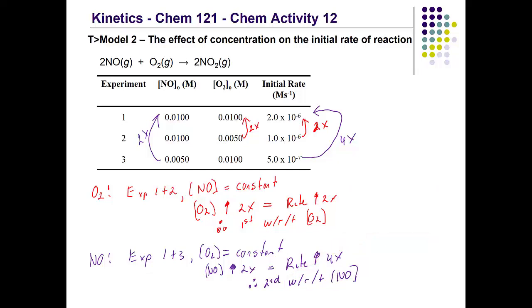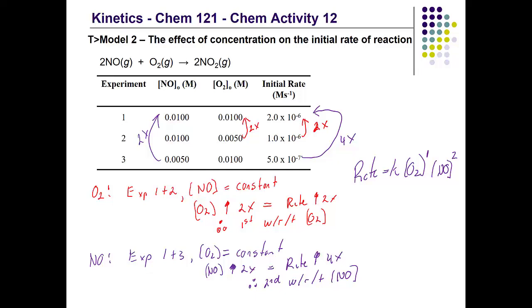This analysis actually works pretty well in the sense that for our particular course, we're only anticipating 0, first, or second order reactions. Therefore, it should be pretty clear what's happening when we do this kind of comparison. Now, if we need to write the rate law, we would say rate is equal to k, times the concentration of oxygen gas to the power of 1, times the concentration of nitrogen monoxide gas to the power of 2.